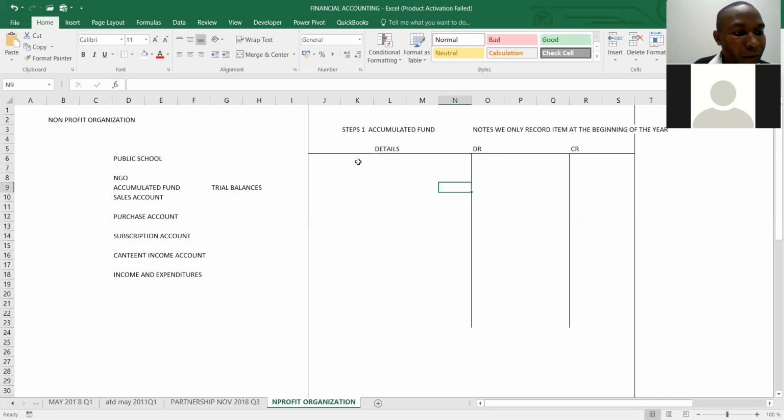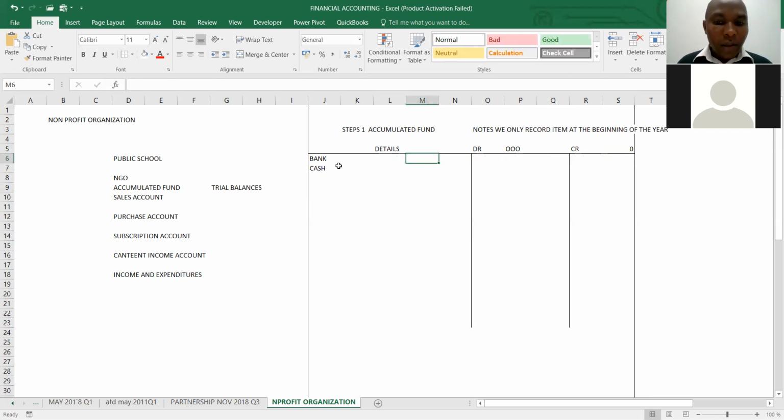So we start with the bank and cash. That is an asset. We have bank and we have cash. The balance brought forward was for the previous year, 2014.